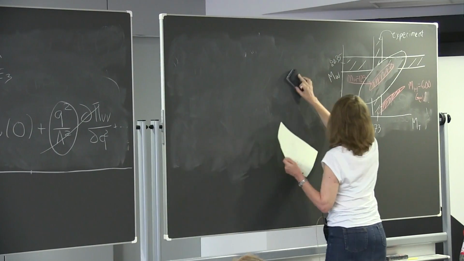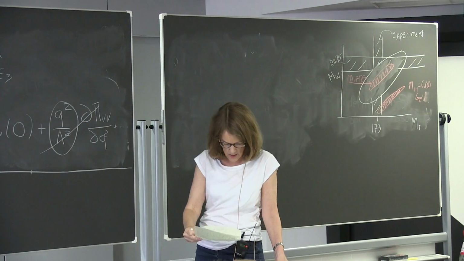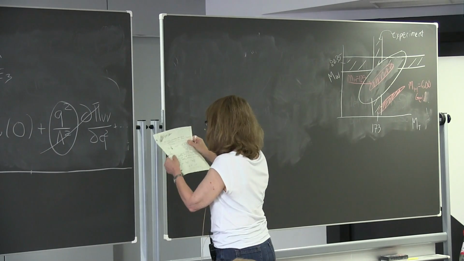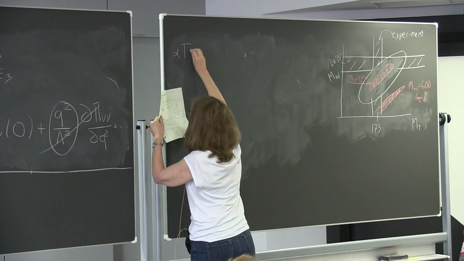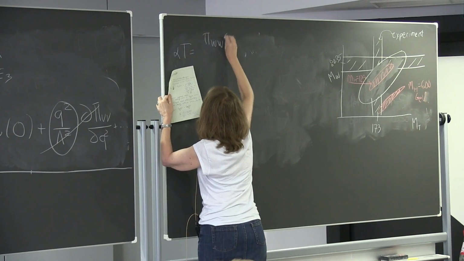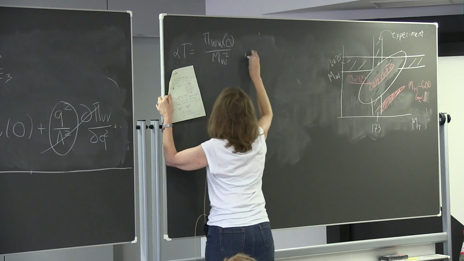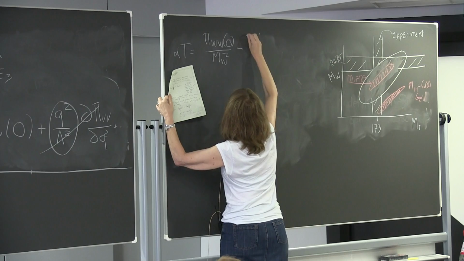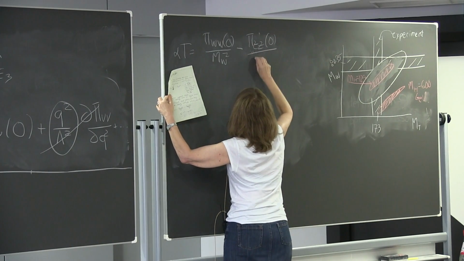I'll leave my plot there. All right. So let me just write down the definitions. Alpha T equals pi WW at 0 over MW squared minus pi ZZ at 0 over MZ squared.